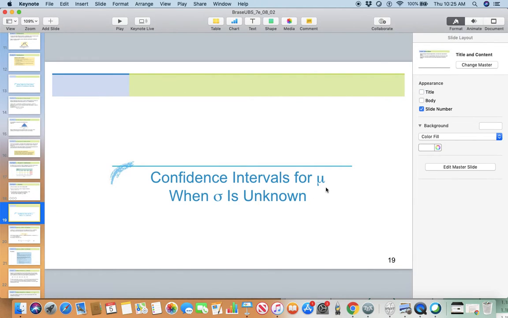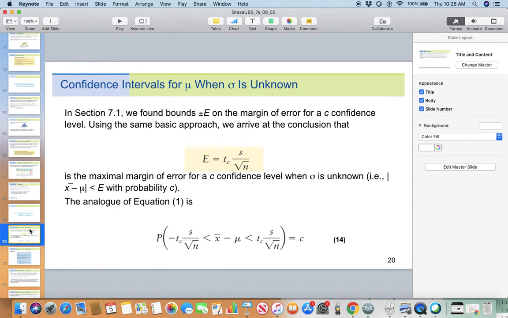Confidence intervals for mu when sigma is unknown. Now, in the previous section, 8.1, we found bounds positive and negative E on the margin of error for a C confidence level.